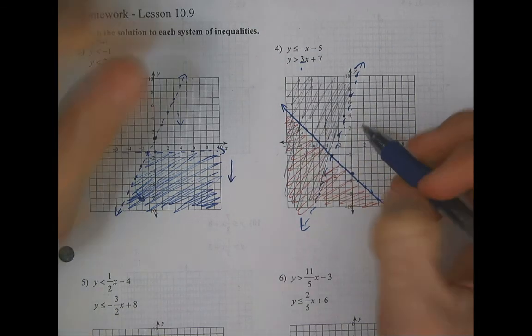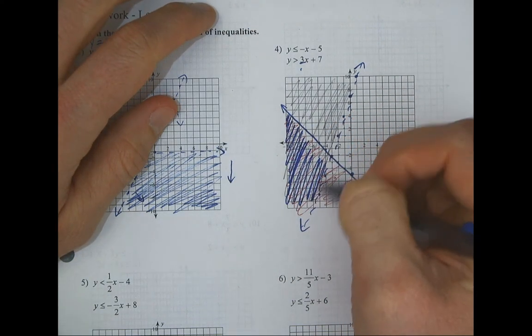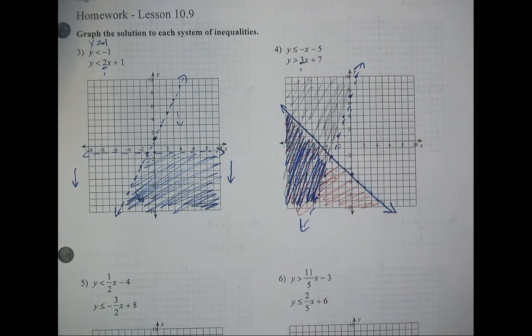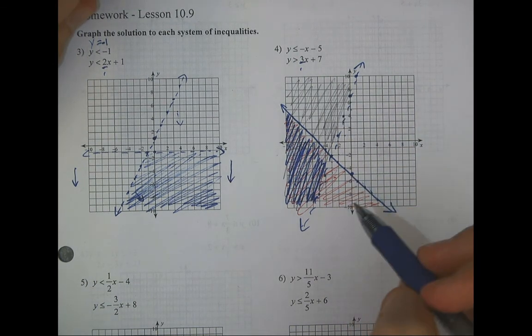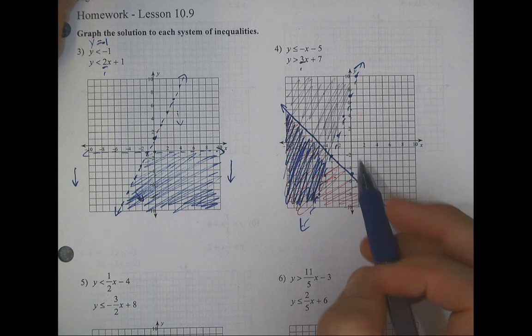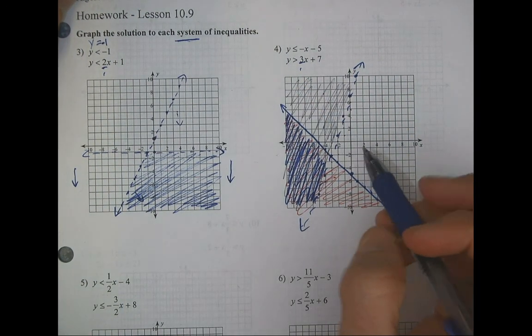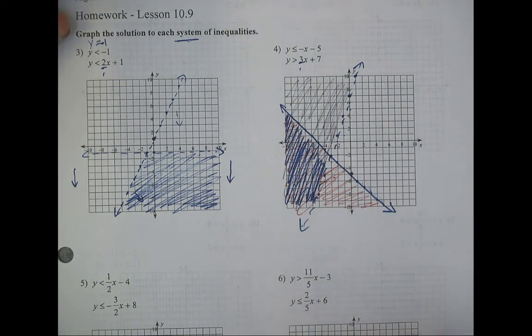The overlap is in here. So this is my actual answer. It's where it's true for both of these inequalities. These can be ignored. They are only solutions to one of the 2 linear inequalities, not both. So when you solve a system, that means we're solving for both of them. So that's our shaded answer.